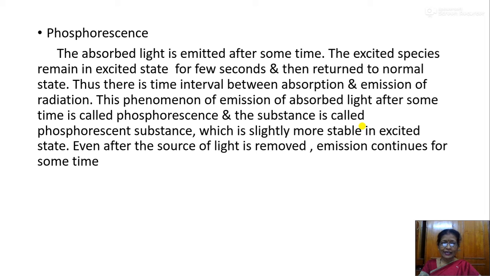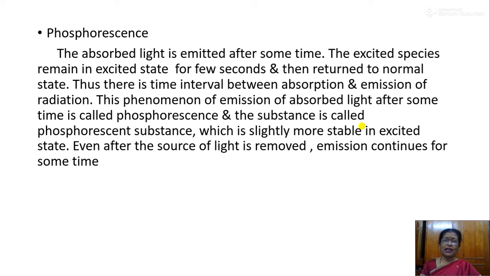Here you should understand that when the substance absorbs the radiation, the electrons move from the lower level, that is the ground state, to a higher state. After excitation, the electron stays there for a few seconds and then is re-emitted. During emission, it takes some time in the excited state. After some time, it comes to the ground state. That is a time interval of a few seconds.